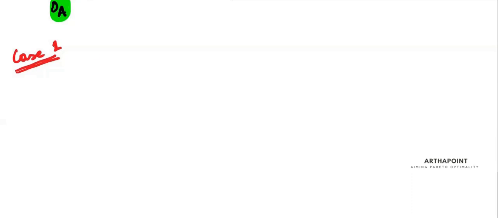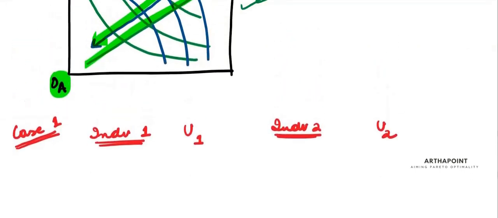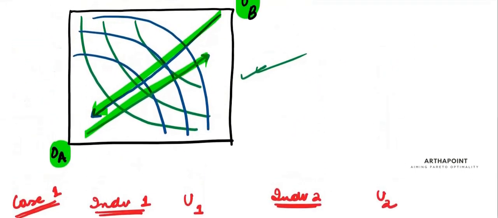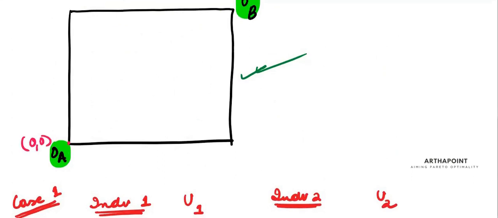Let's see here. Let's take individual A or 1. Let's take individual 2. I'm taking utility of individual 1, utility of individual 2. And what I'm doing is taking various points in my Edgeworth box. So I understand that this point is 0, 0. This point only has good 1 in it.